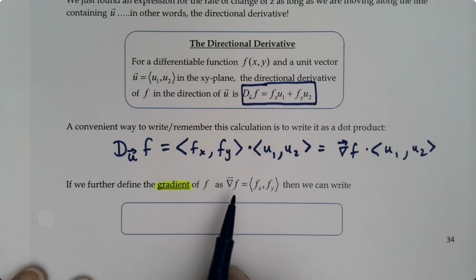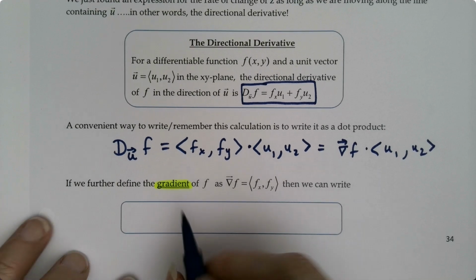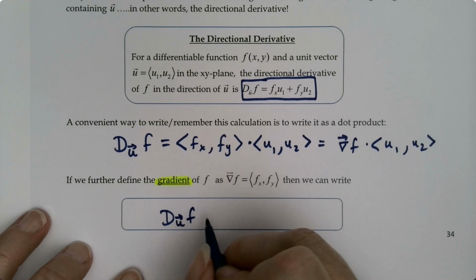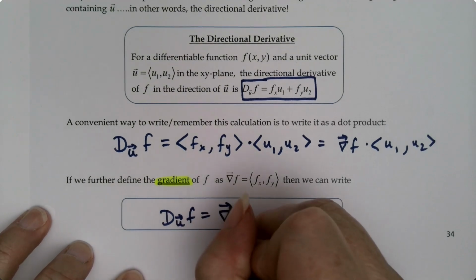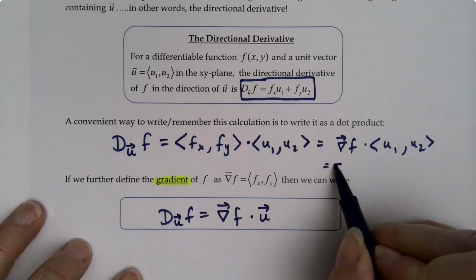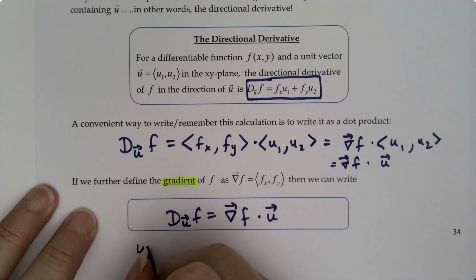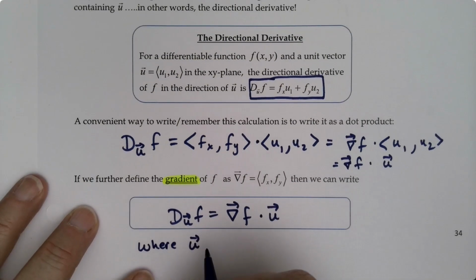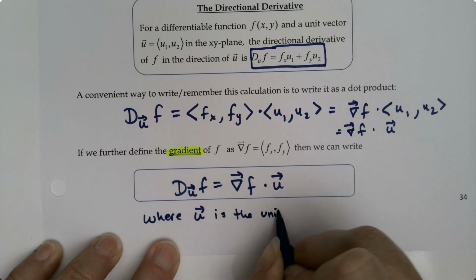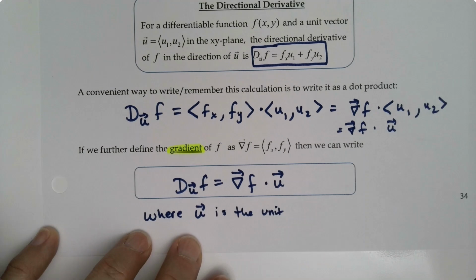The gradient is called the del function, so the del of f. So it's f sub x, f sub y. So D sub u of f, the directional derivative of f in the direction of u, is equal to the gradient of f dot product with the u vector. Where, of course, u is the unit vector. That's why we keep using u. Unit vector in the direction of your motion, the direction you're walking.